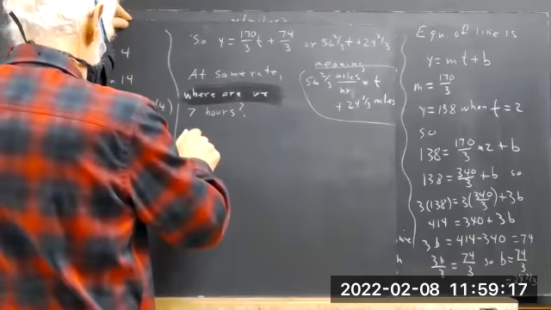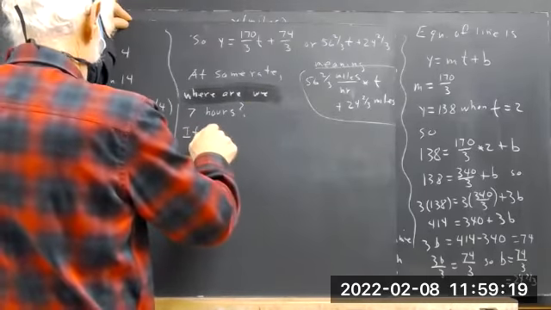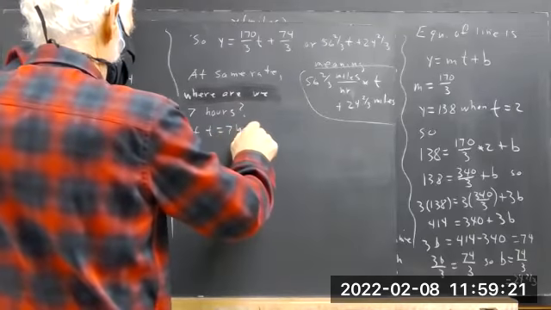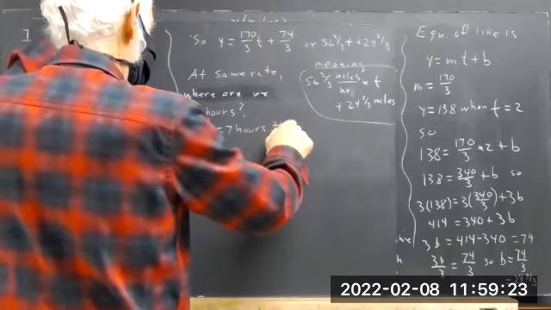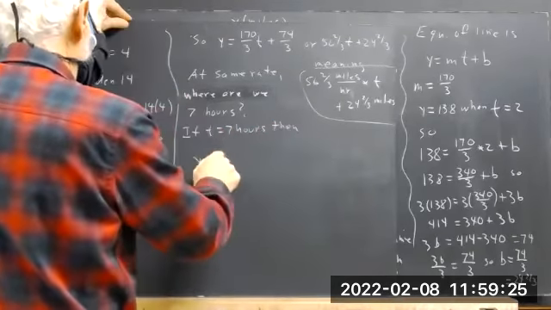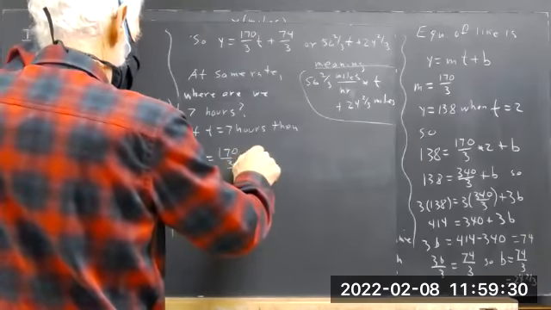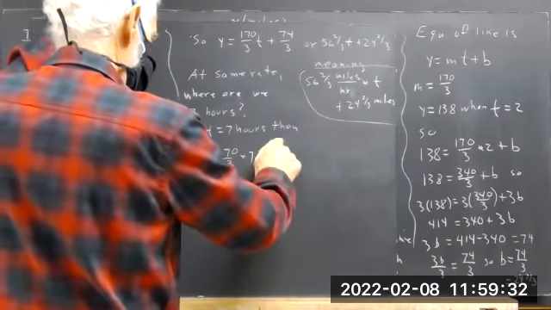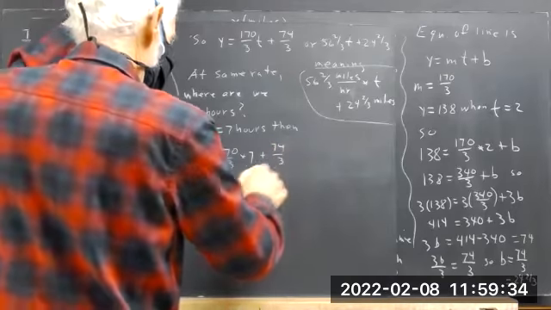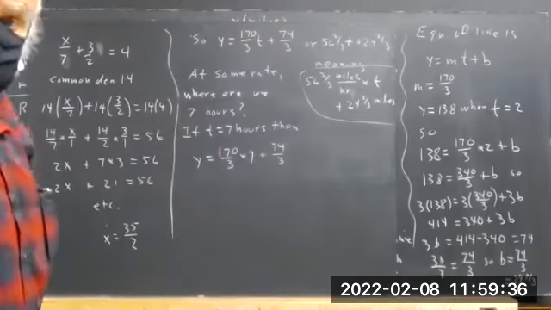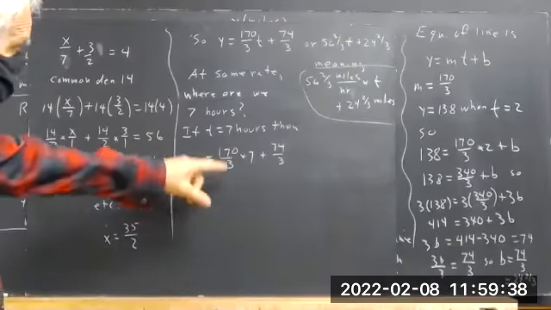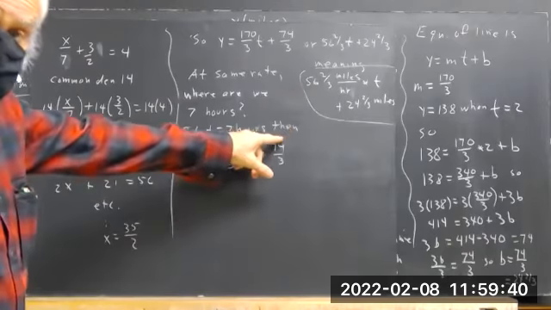Well, if t equals 7 hours, then y equals 170 thirds times 7 plus 74 thirds, right? Meaning miles per hour times hours plus miles.